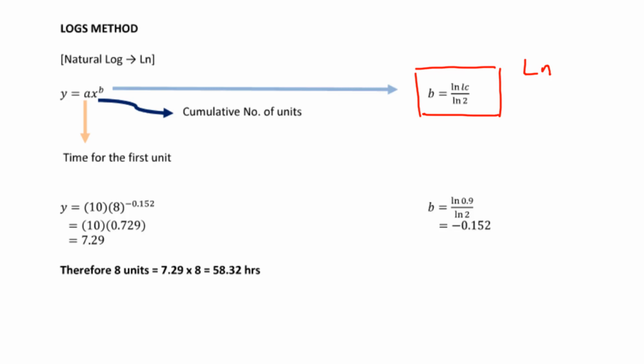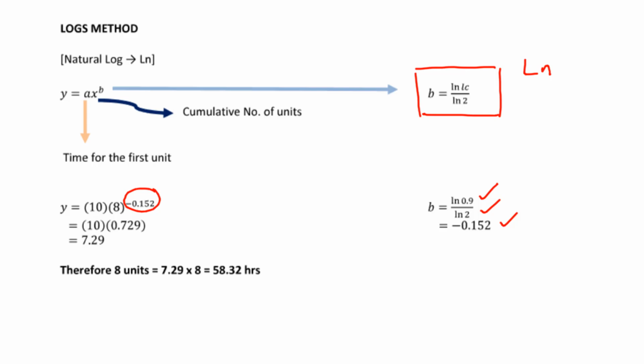So we find the natural log of 0.9, and divide that by the natural log of 2. The 2 is the constant, and you will get negative 0.152. And where does it end up? As an exponent for the 8 only.